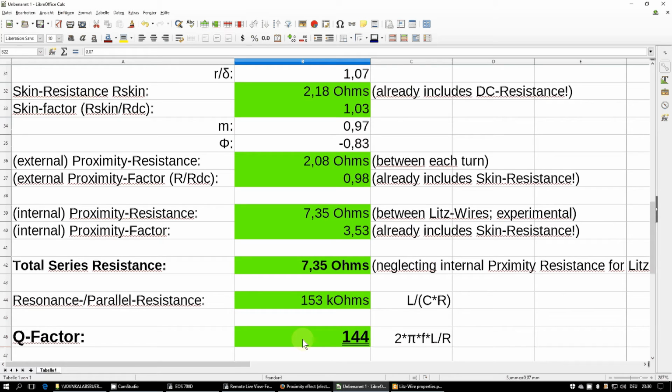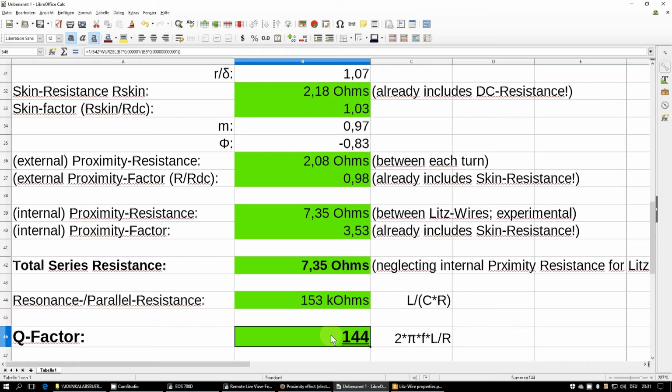Now we finally arrive near to what we really measured with this coil. It's measured somewhere between 100 and 150. So even though there are some approximations, we are now arriving at a Q factor that comes near to reality.